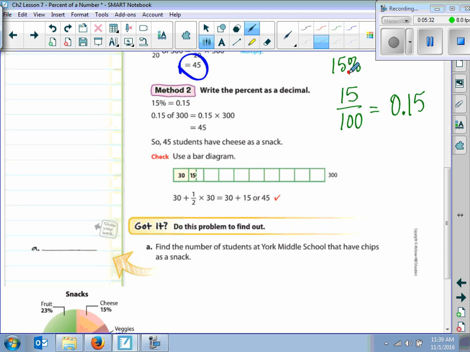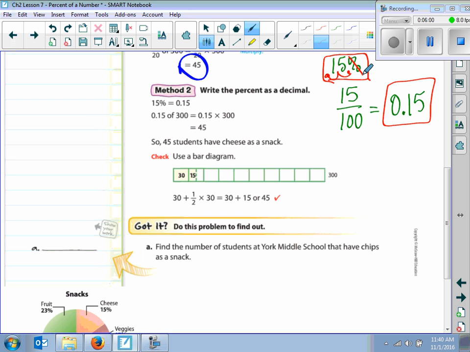So look at this number, and look at this number. Look at that decimal. What happened to it? It moved back to the front. And how many places did it move? Two times. So, in order to change a percent to a decimal, all you have to do is move the decimal 2 places to the left.